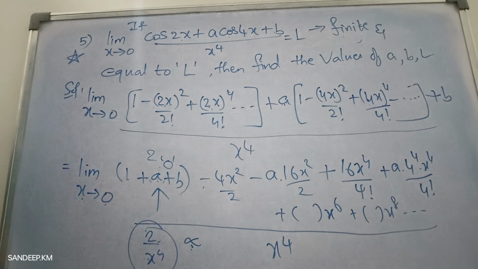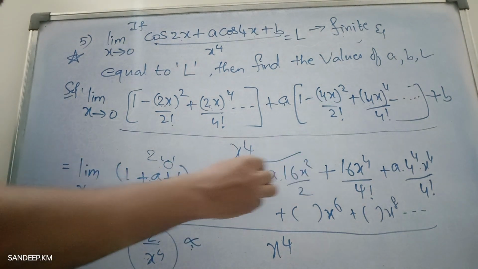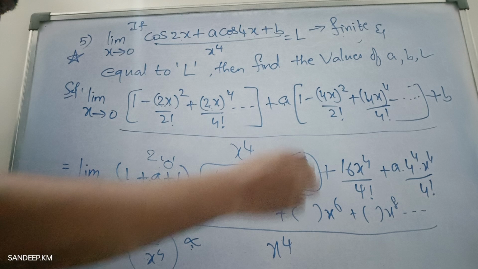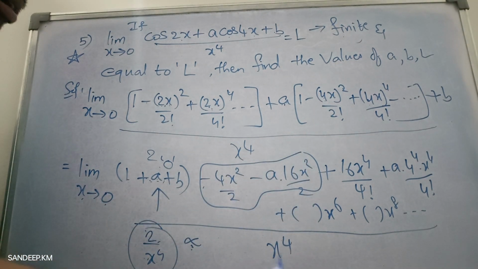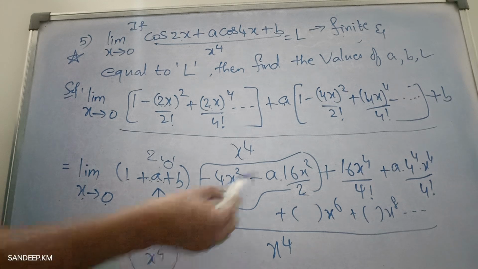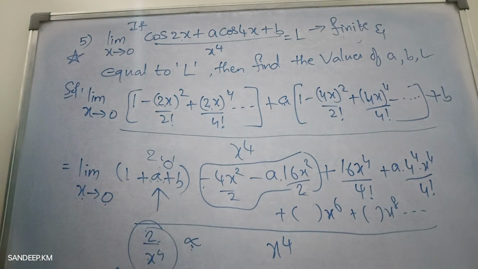In the same way, dear students, this is the x square term. If I take the x square term divided by the x power 4 term, what will you get? Something divided by x square. If that something is not 0, if it is some other number, even this term will give you infinity.